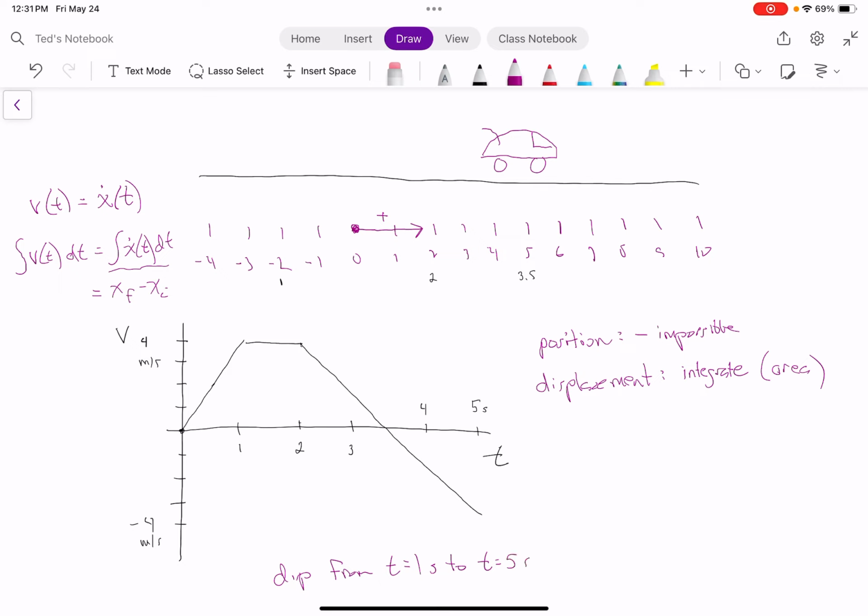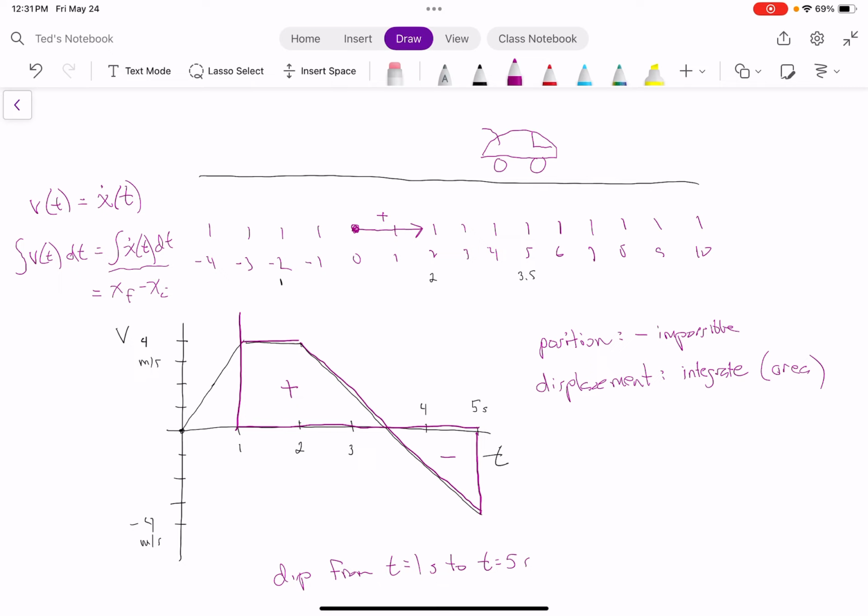What we would need to do is find the area bounded by the line t equals 1 second, t equals 5 seconds, the velocity graph itself, and the zero line. Anything above the zero line is positive for my displacement. Anything below the zero line is negative for my displacement.